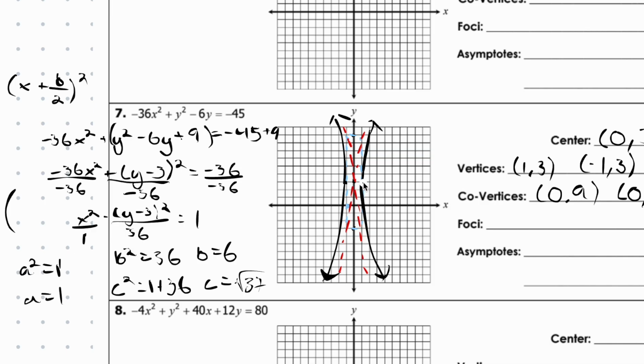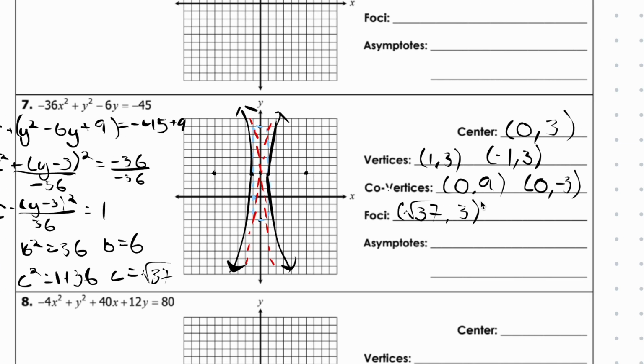And 1, 2, 3, foci is going to be right there. And then also 3 right there. And so we're going to have root 37, 3, and then negative root 37, 3.